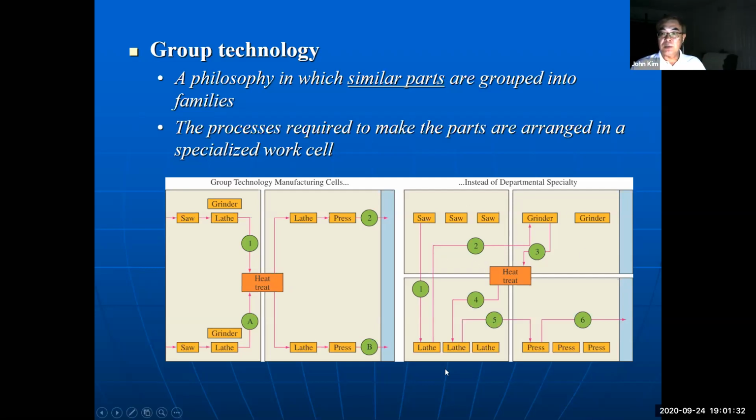Using a cell or cellular layout by group technology, the part and component moving distance is shorter. So using group technology and a cellular layout in a JIT system reduces unnecessary distance and unnecessary time.